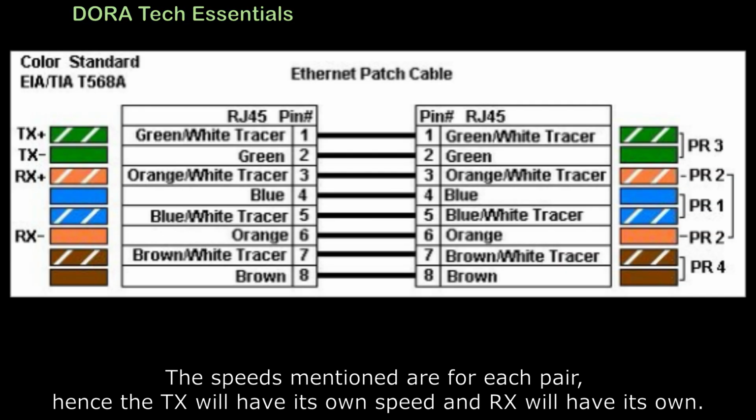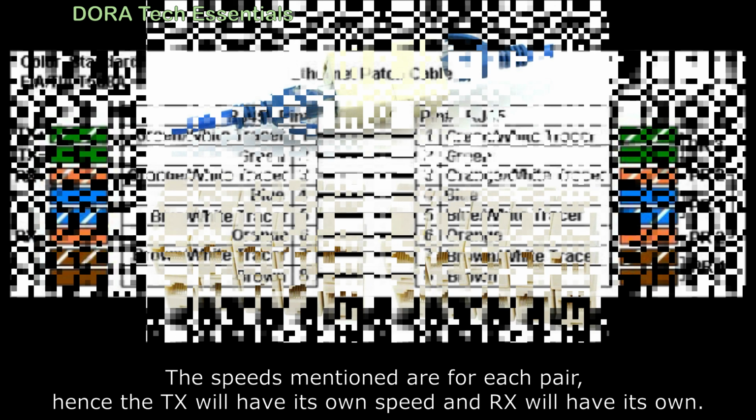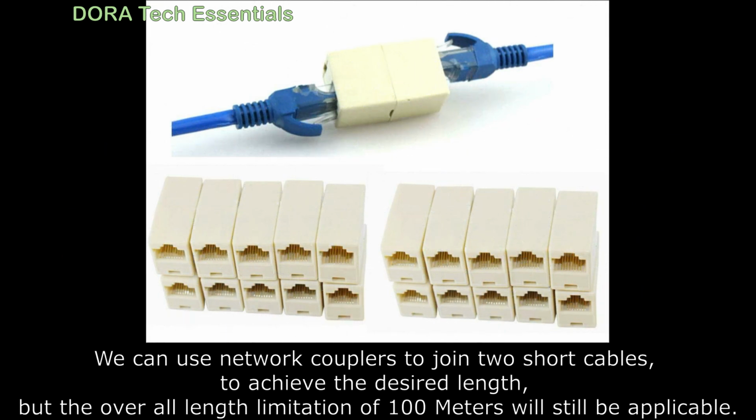The speeds mentioned are for each pair, hence the TX will have its own speed and RX will have its own. We can use network couplers to join 2 short cables, to achieve the desired length, but the overall length limitation of 100 meters will still be applicable.